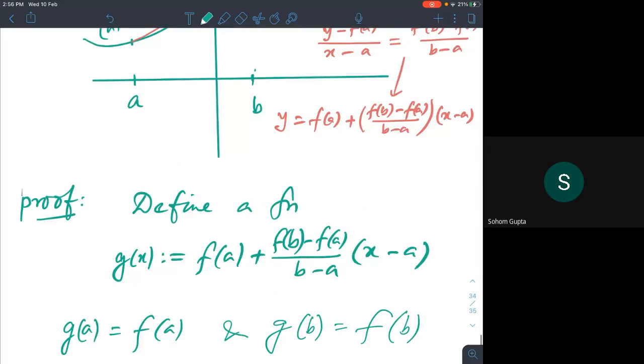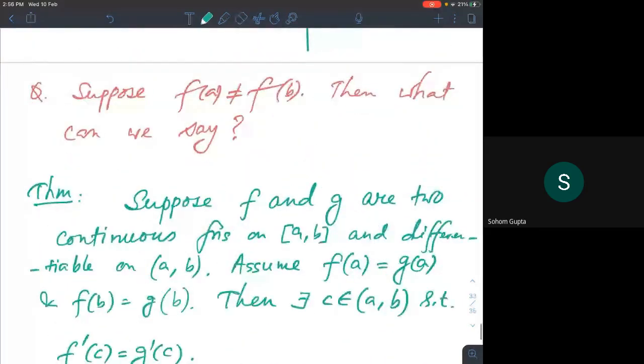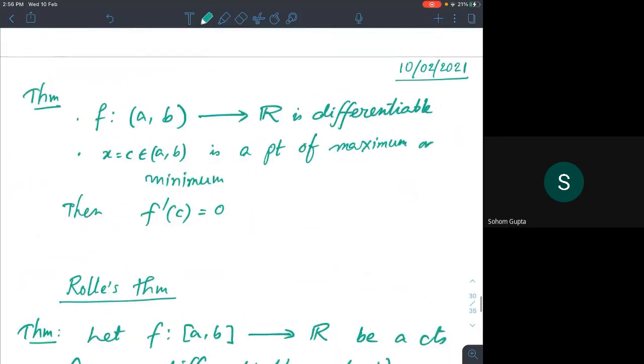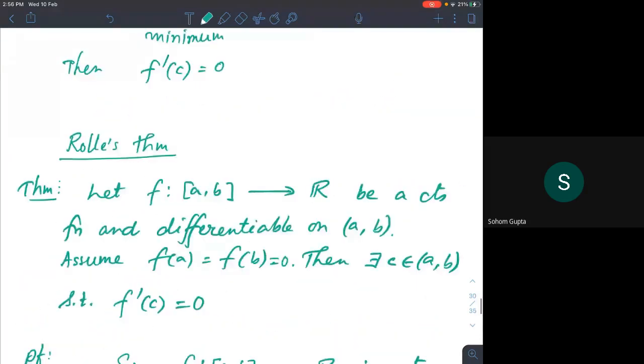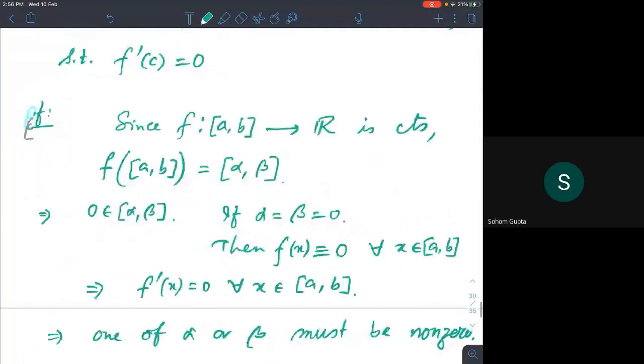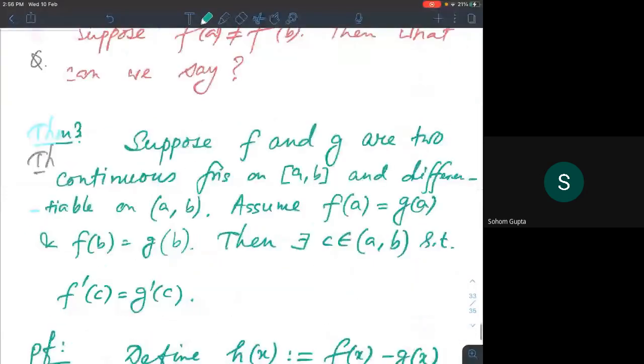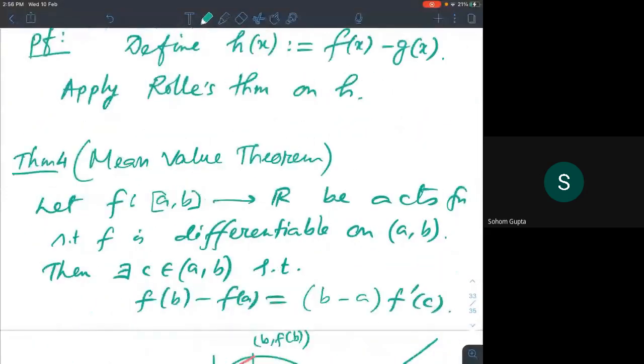So therefore, you apply this theorem. Maybe I should call this theorem 1, Rolle's theorem 2, and this one 3, 4.